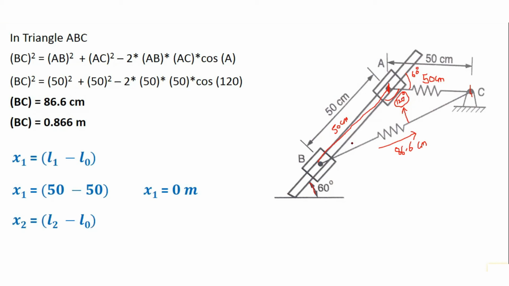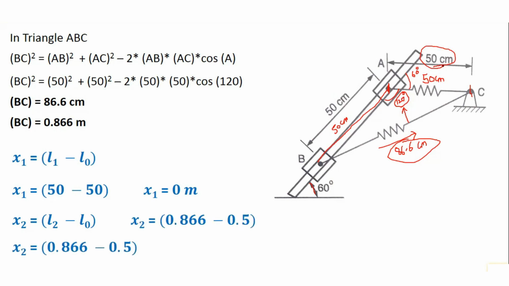We have already found the length of the spring at the second position as 86.6 centimeters or 0.866 meters, and the original length was given as 50 centimeters, or 0.5 meters. Subtracting these values, I get x2 as 0.366 meters. So I have found the values of x1 and x2 here only.